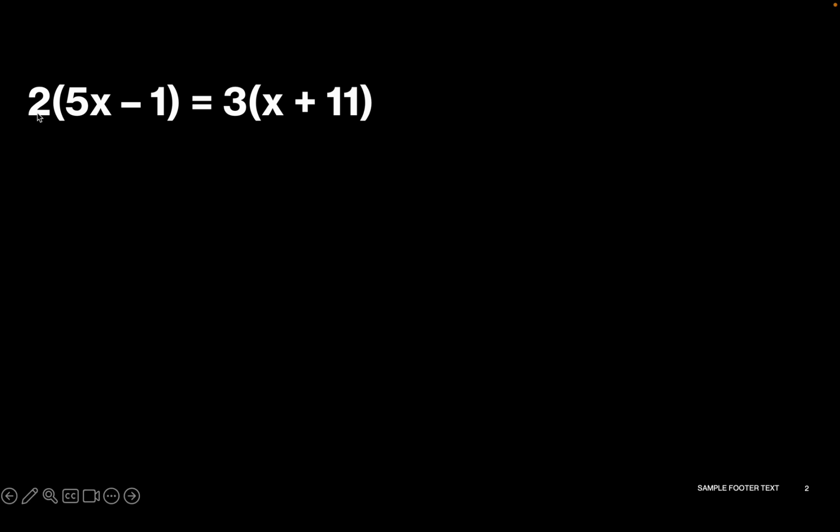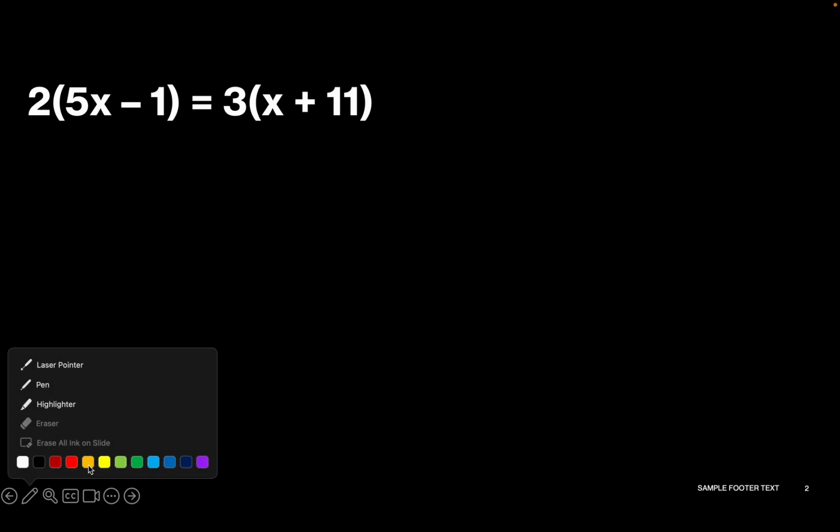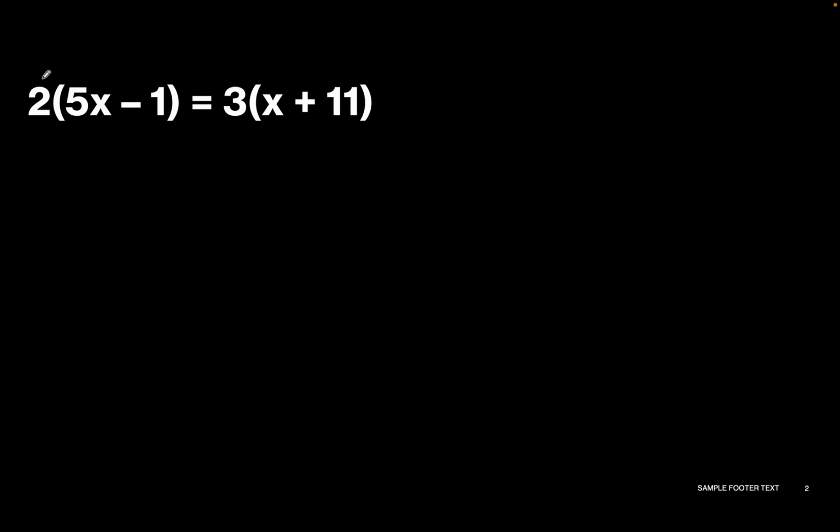All right, so I have 2 times 5x minus 1 equals 3 times x plus 11. In order to get rid of the parentheses, I have to multiply in, let's try yellow today, the 2 into each of the two terms.